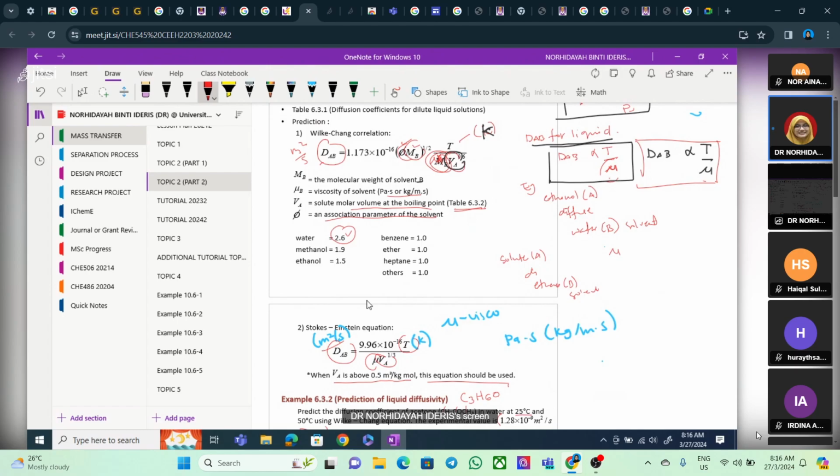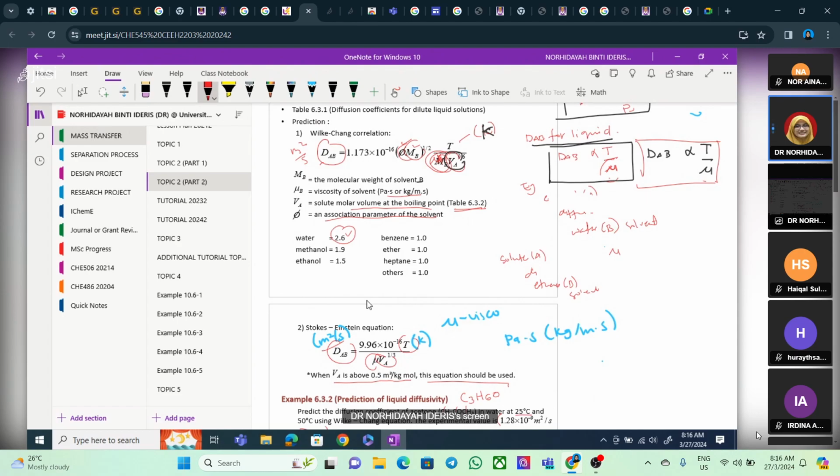So you just follow, contohnya macam MB ni apa kan. So kena faham kat sini, ada di label sebagai MB, ada di label sebagai mu B, and ada di label sebagai VA. So first, kamu kena tahu which one is component A, which one is component B.